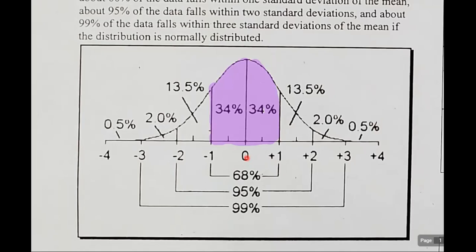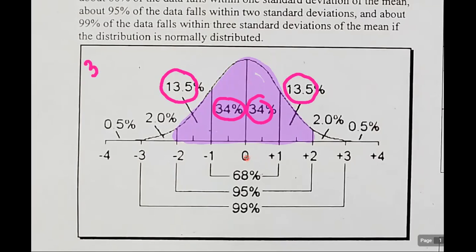Now, if I go out 2 standard deviations, that is going to be anything at all in this region. You can see that we have here 34 and 34, which made 68. And we have a 13.5 and a 13.5, and that's going to be a 27.